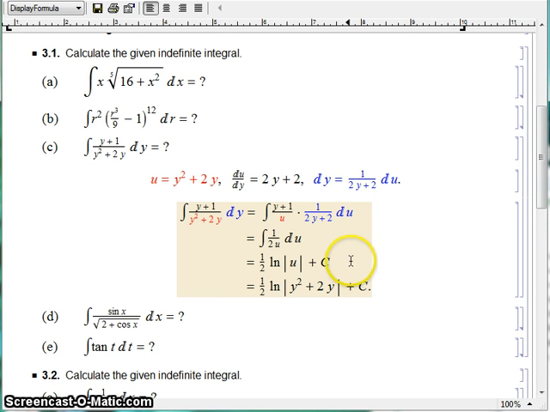Now, this is a correct antiderivative, no question about that. But it's not the final form because the original function was written in terms of y. So let's take the third substitution, u equals y squared plus 2y, and that'll conclude the problem. Okay, so do they look good?